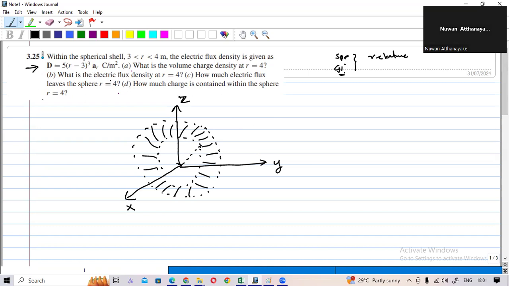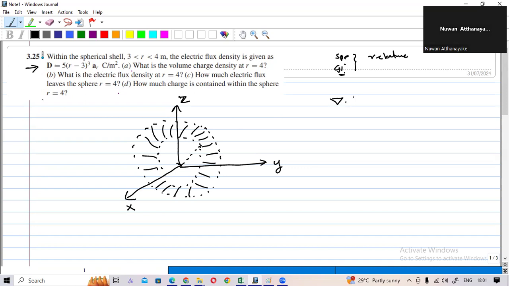Then you need to find the volume charge density at R is equal to 4. So you have to use the Maxwell third equation.